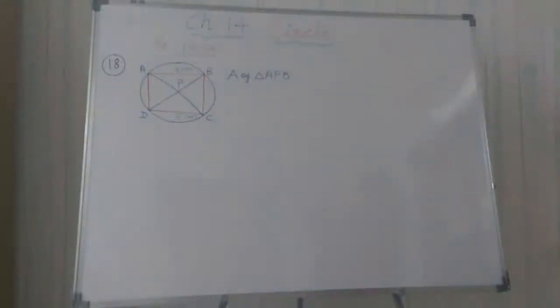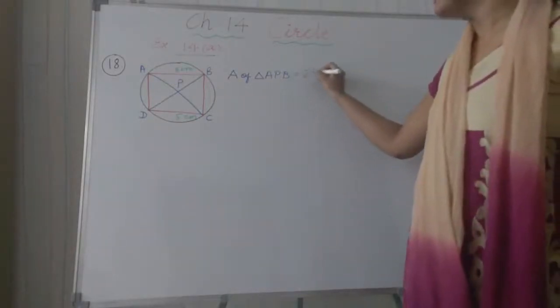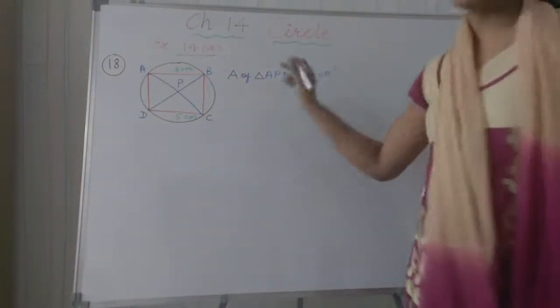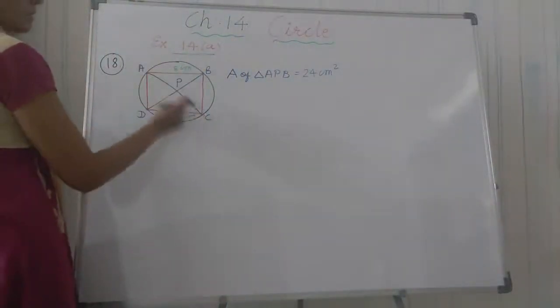We want to calculate the area of triangle CPD. You can see the triangles APB and CPD.